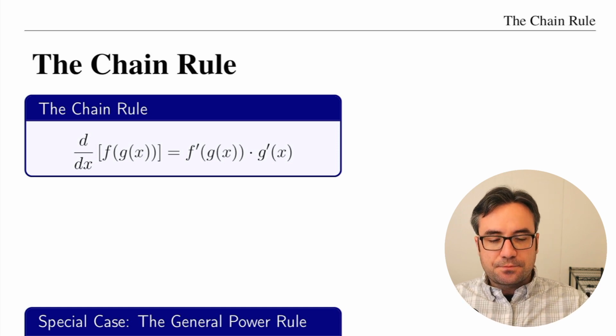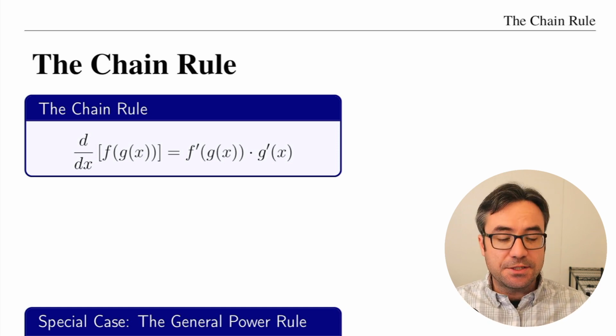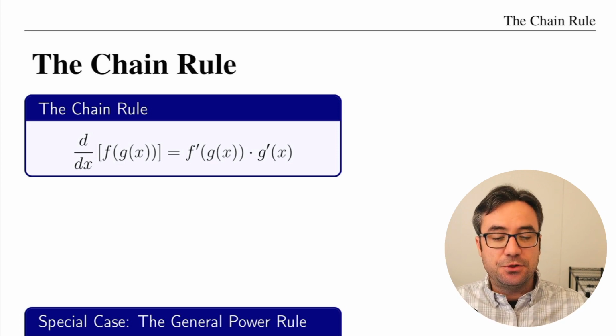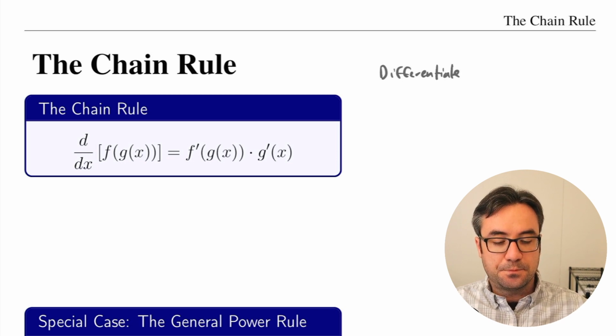As we were talking about in class yesterday, the chain rule gives us a way to differentiate the composition of two functions. It tells us how to differentiate composite functions.